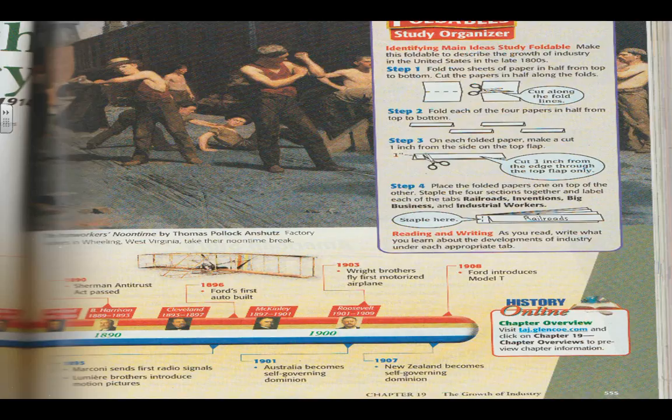Working together, they made it very difficult for the average American to pay for their products. In world history, at the bottom, we see Marconi sends first radio signals, and the Lumiere brothers introduce motion pictures. We'll kind of look down at the breakdown of how those things were possible. It wasn't until the 1930s that they were able to actually broadcast signals via television.